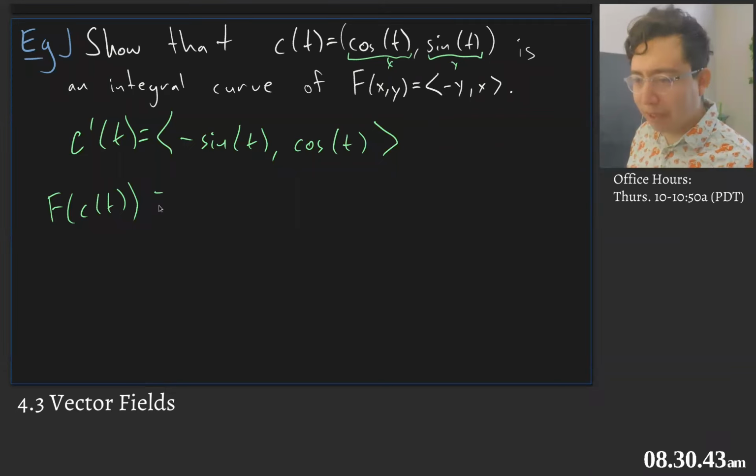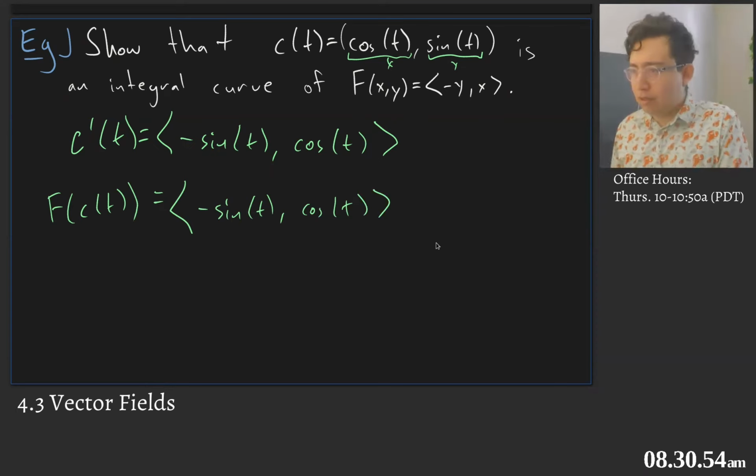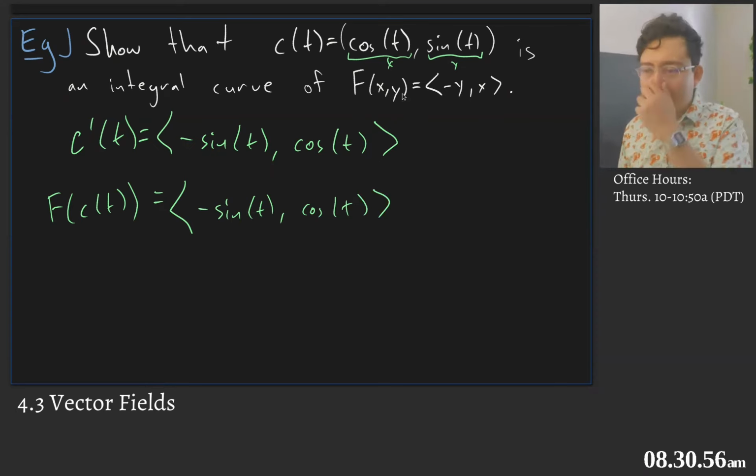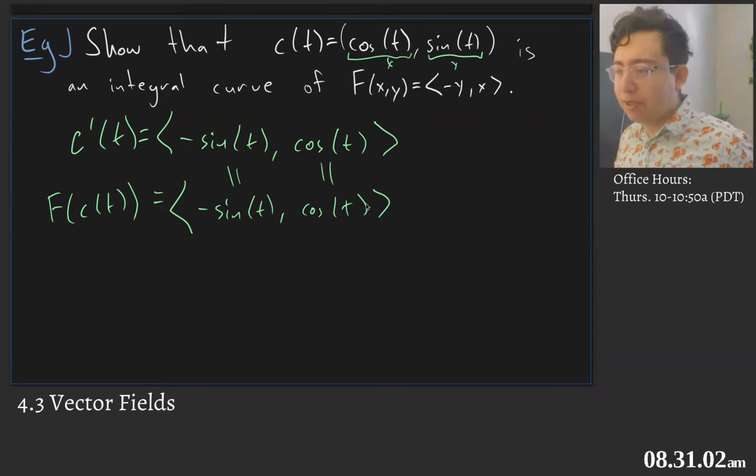So then I plug them in here, get negative sine of t, cosine of t. And there you go. Okay, so let's talk about this problem specifically. So again, you're done here. You saw that these were equal. It's all good.